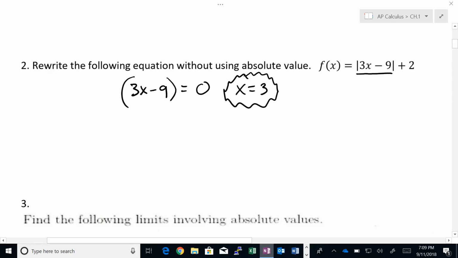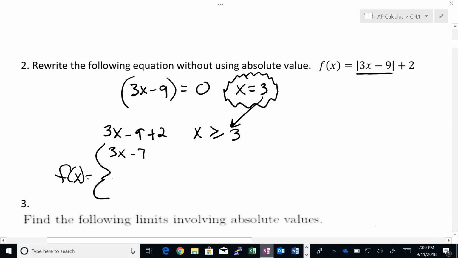So then what we do is we take 3x minus 9 plus 2 for all x greater than or equal to 3. Cleaning this up, we get 3x minus 7. Okay, so this handles this for all x greater than or equal to 3.